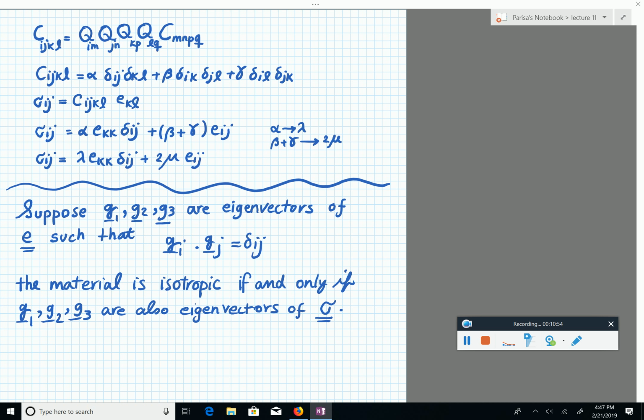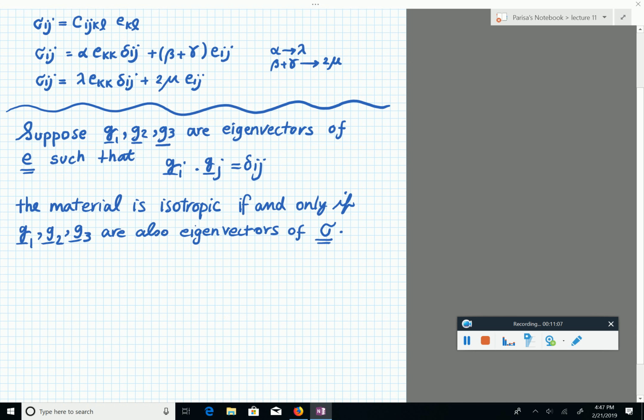That means, in plain English, that the principal directions of the strain and stress tensors are aligned. They are the same. So I write the English version too. That is the principal directions.